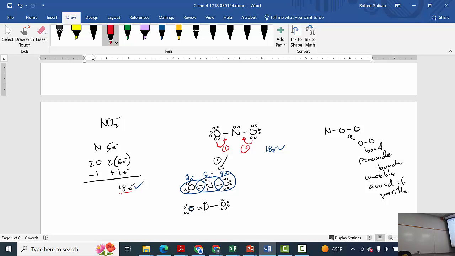This nitrogen, 1, 2, 3, 4, 5. Its formal charge will be 0. This oxygen? 7. Yes, 7, and therefore it's going to get a minus charge here. So this oxygen has a formal charge of -1. Here, we can do it the same color.